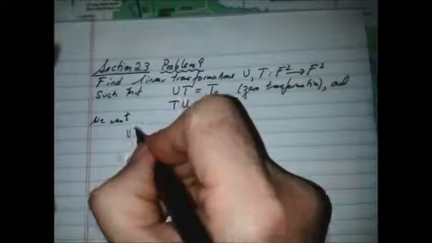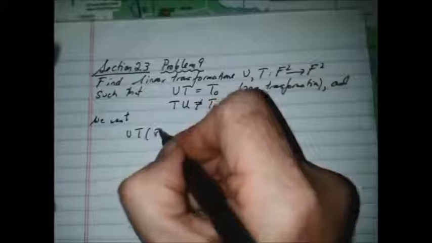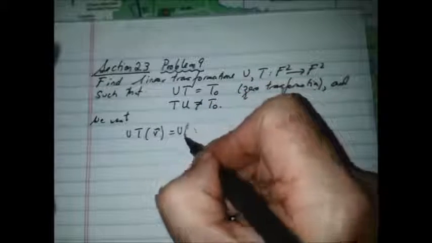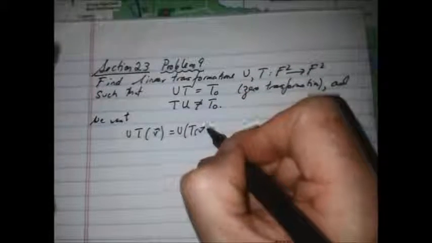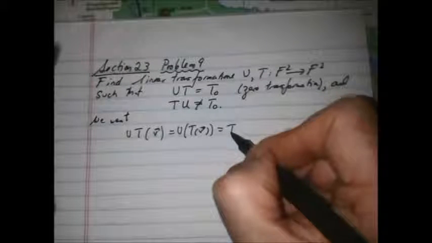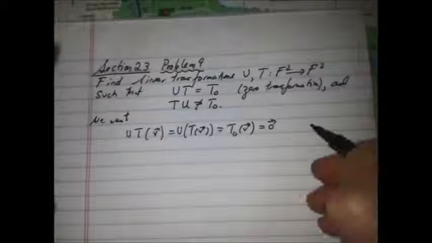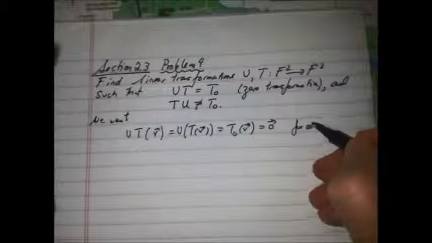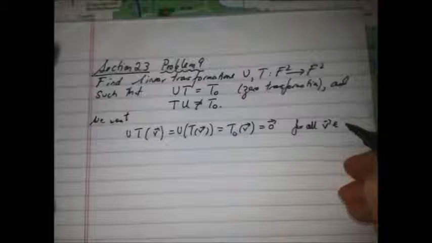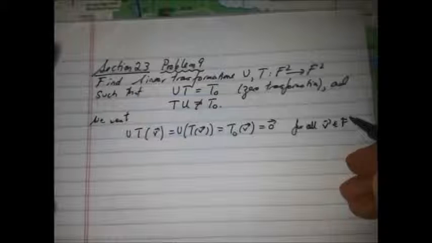Okay, so what we want is UT of v, which is the same as U of T of v, equals T0 of v, which is the zero vector for all v in F2.